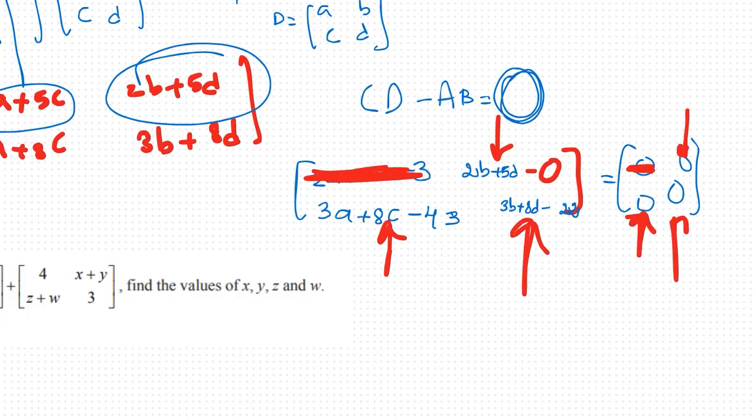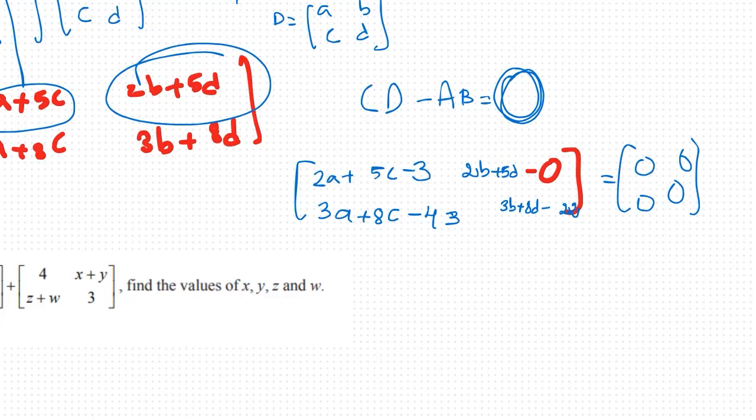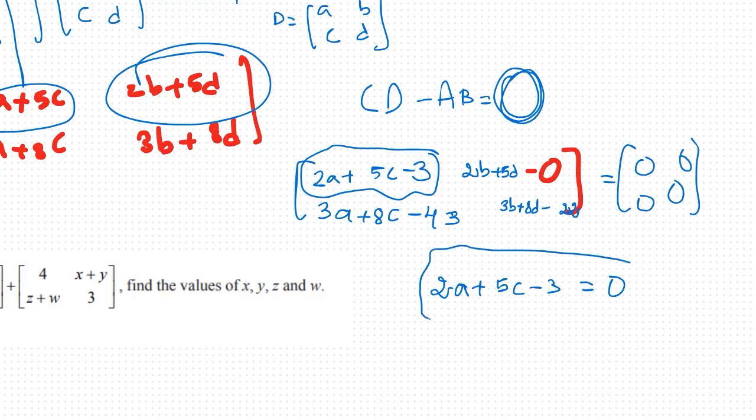But it is not matching here, so we have to write the equations. 2a plus 5c minus 3 should be equal to 0. This is the condition we are getting. So equate that to 0.